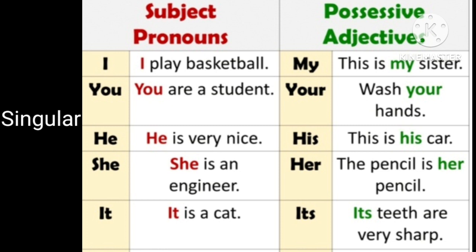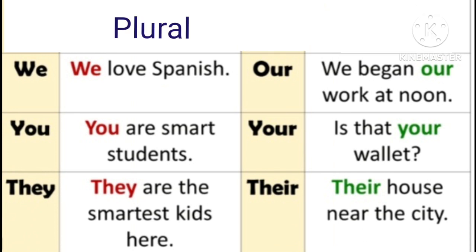These are singular possessive adjectives and singular subject pronouns. Plural subject pronouns and possessive adjectives: we goes with our, you, your, they, their.